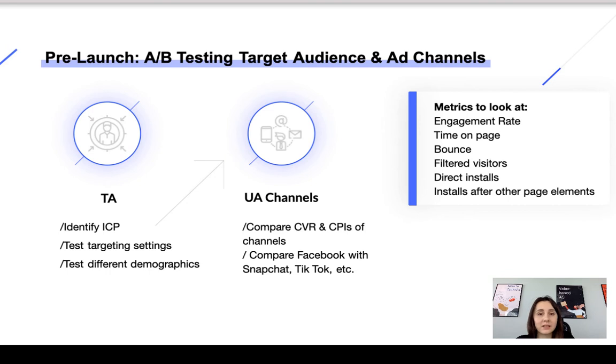On this slide, you can also see which metrics you can use to assess the performance of different audiences. Pre-launch A/B testing, as I said, can also be used to check different ad acquisition channels. You can compare channels in terms of on-page conversions, CPI and fraud levels, and choose which one is better for you, like Facebook, cross-promo, or other ad networks.